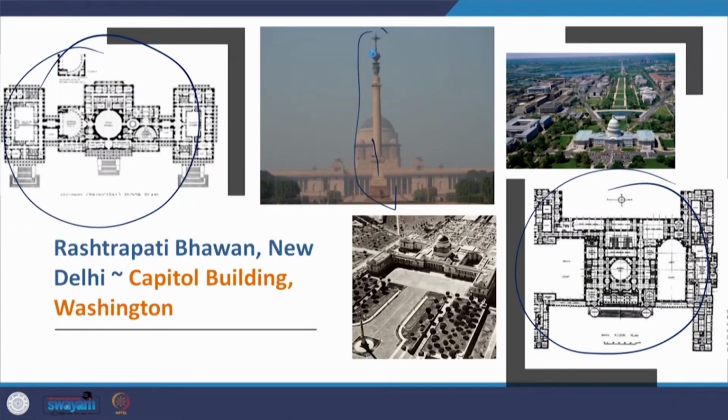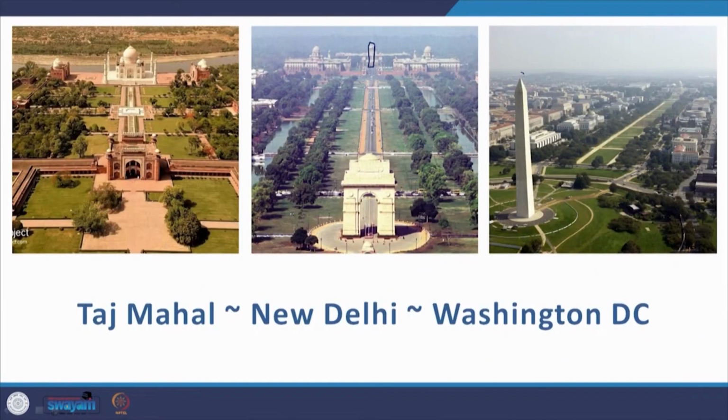Okay. So the Jaipur column, and in this case the Washington Monument, are very similar standalone columns. The only thing is it is much nearer to the Rashtrapati Bhavan. This is fairly distant from the Capitol building, and in this slide we are making a comparison that the Washington Monument is spaced as the India Gate has been spaced.